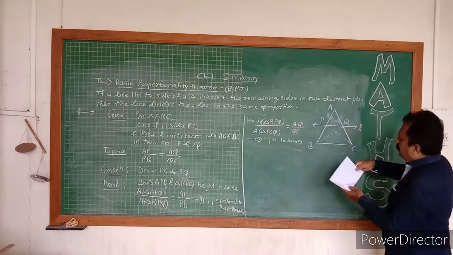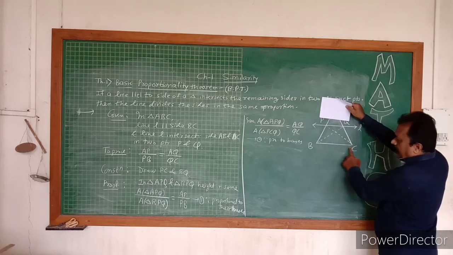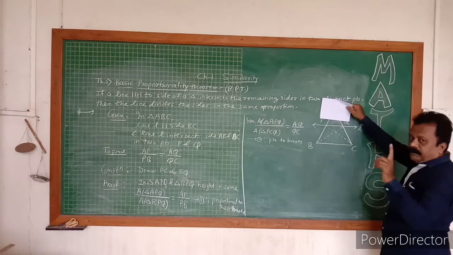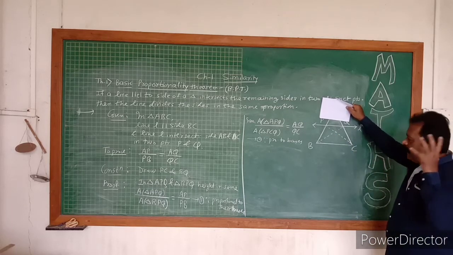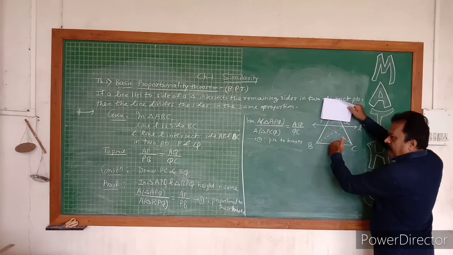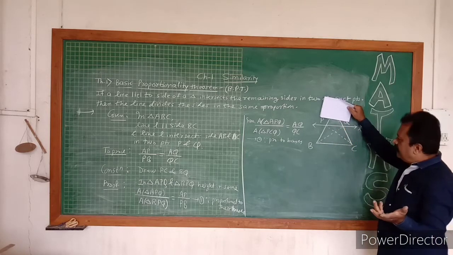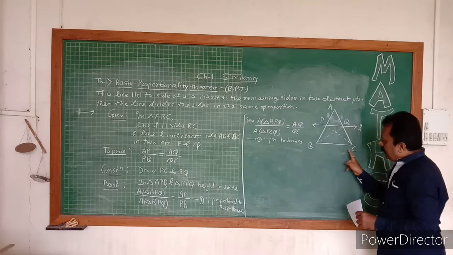Before that, I have taught what you can understand. This line is parallel to side BC. Property number 4 you can get immediately in mind. Property number 4 says triangles situated between two parallel lines, having the same base, have equal areas.